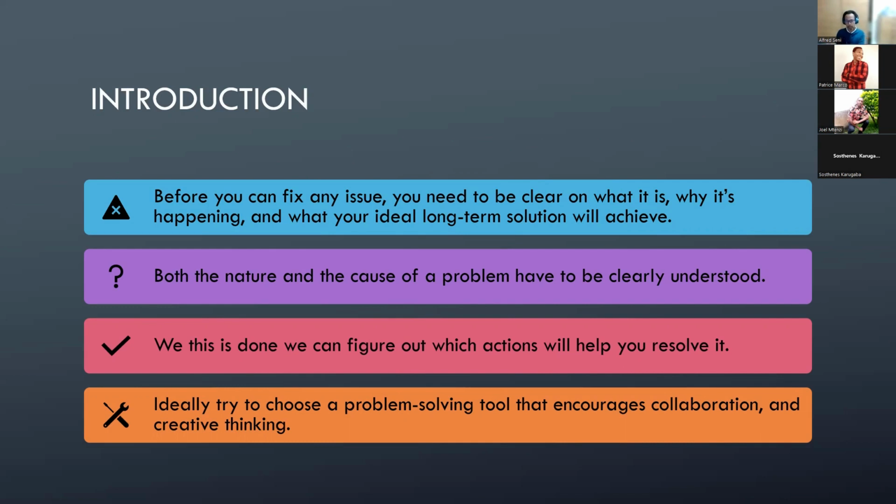Back when I was on one of the jobs I was working, my boss, who was the finance director, his name is Mark, had a formula. Whenever a problem arose, he would ask: what's a short-term solution? What's a medium-term solution? And what's a long-term solution?